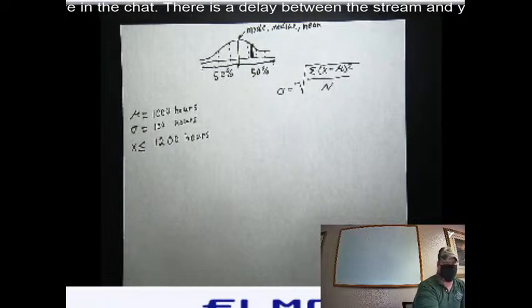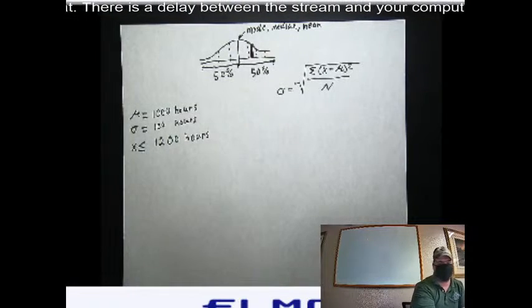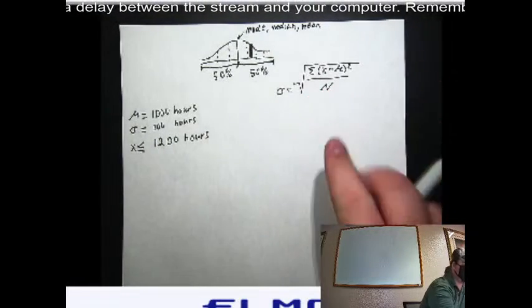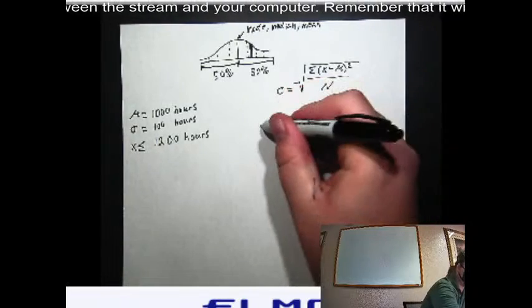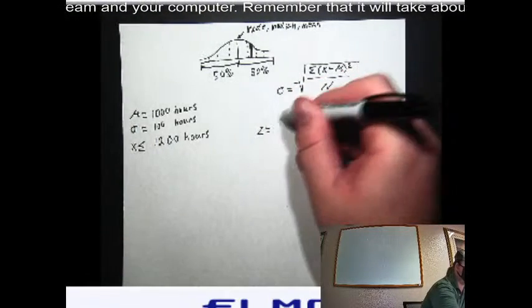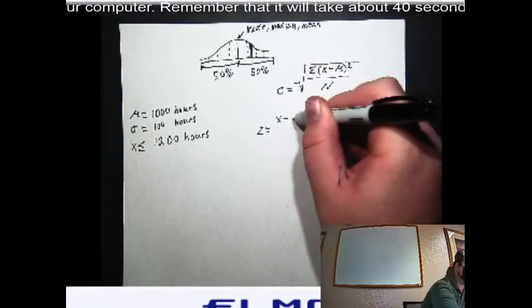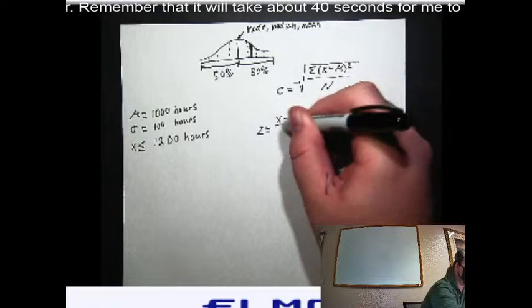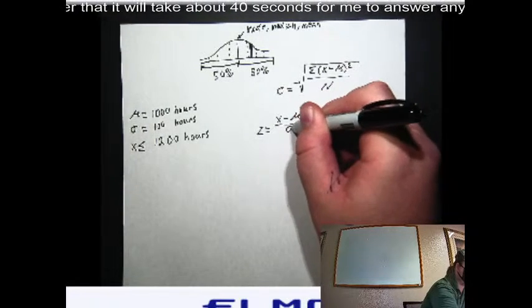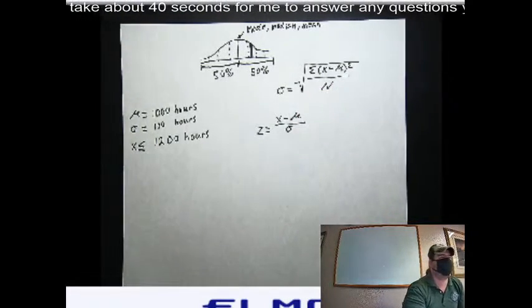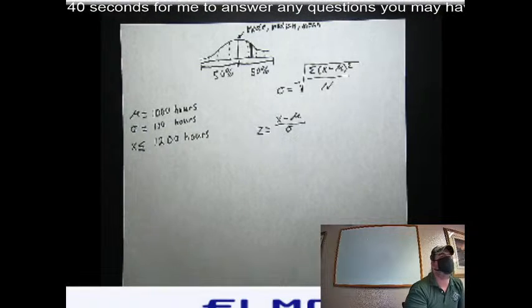So how do we calculate a z-score? Well, again, it's a new formula for us, but thankfully it's not one of these monsters. It is only z equals x minus mu, the mean, over sigma, standard deviation. Pretty simple.